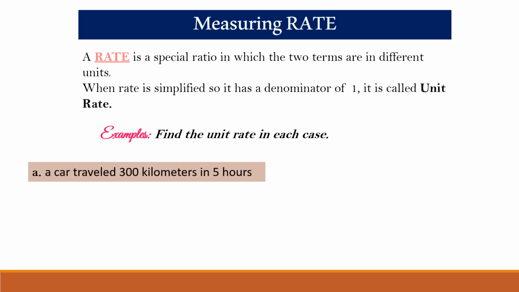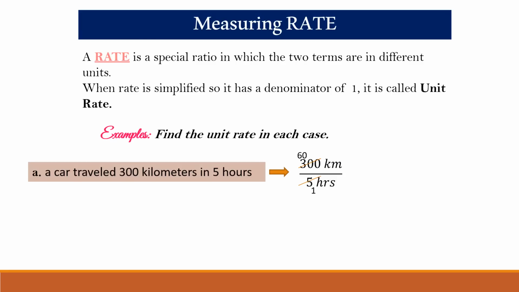For example A, a car traveled 300 kilometers in 5 hours. For us to get its unit rate, we express it as a fraction first. So we have 300 kilometers over 5 hours. Since we have to have a denominator of 1, we divide our given 300 divided by 5, and we can cancel that.